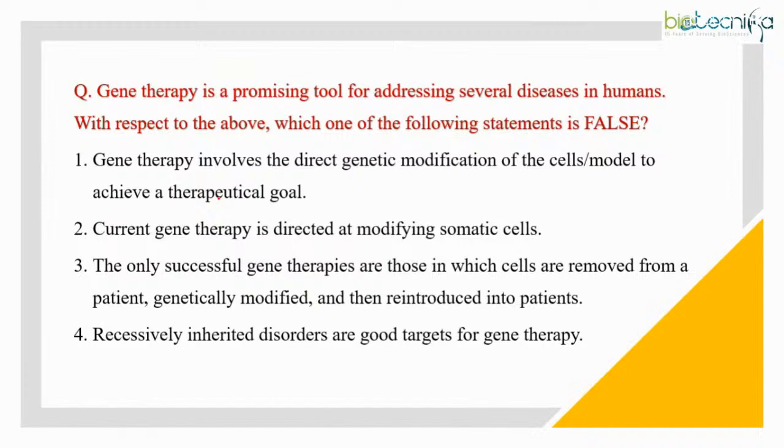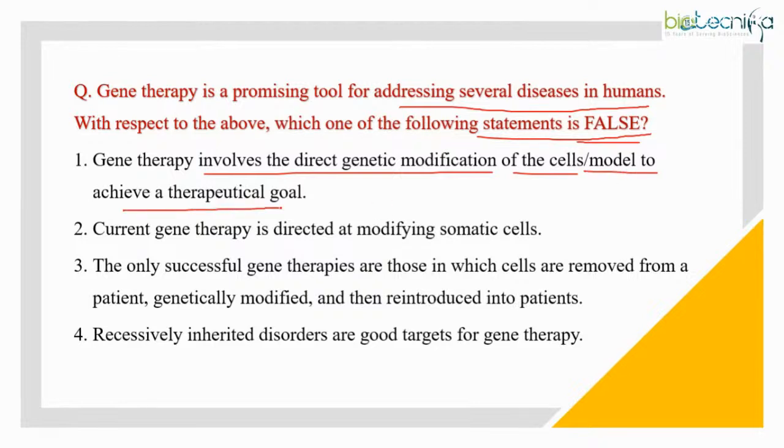Moving on to our next question, that is regarding gene therapy, another important topic from the examination point of view. It's a promising tool for addressing several diseases in humans. So based on that, you have to identify the statement which is false. Gene therapy involves the direct modification of the cells or the genome to achieve a therapeutic goal.